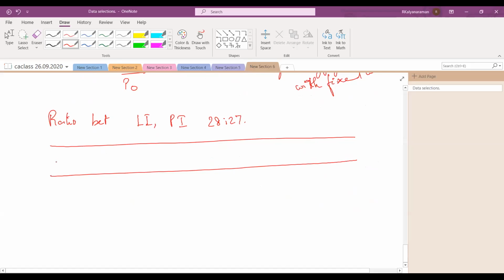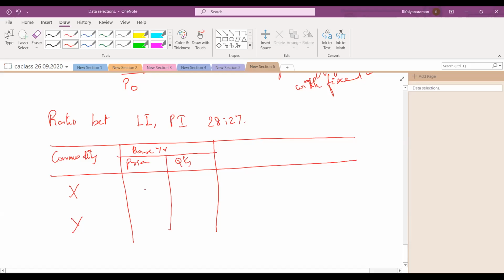So we have a commodity, say X, Y. We have the base here. In this base here, we have the price and the quantity.